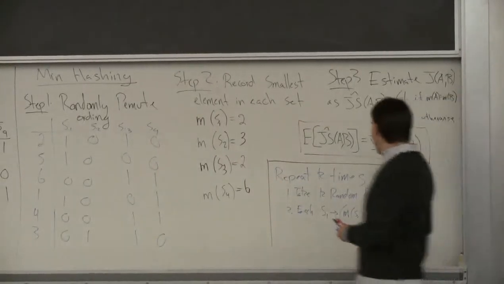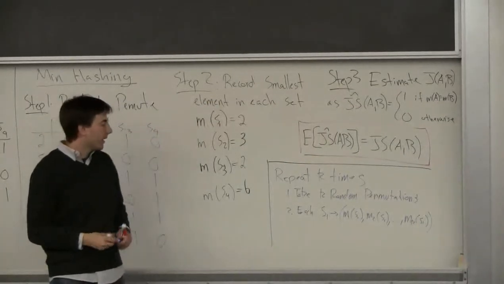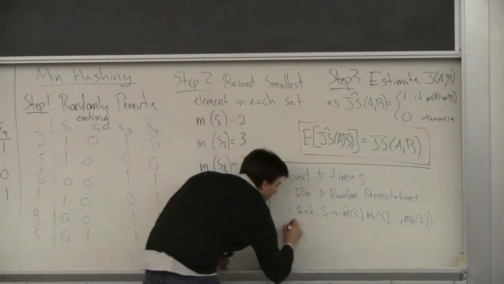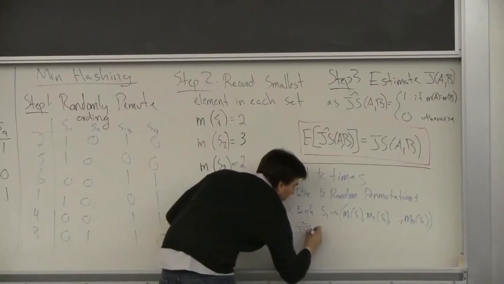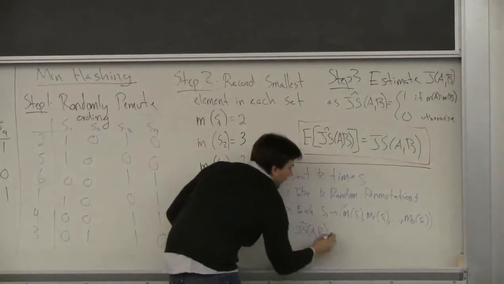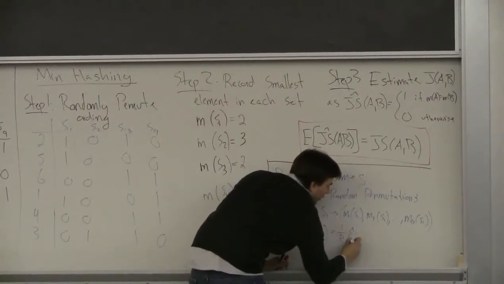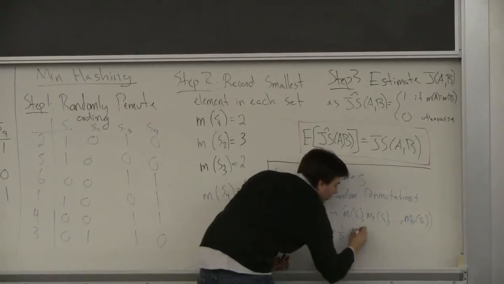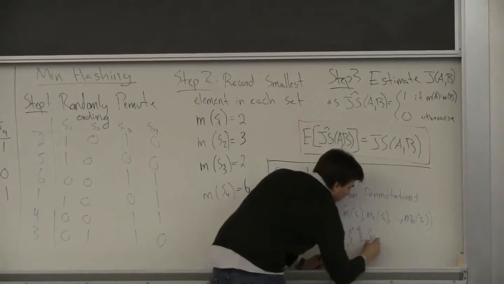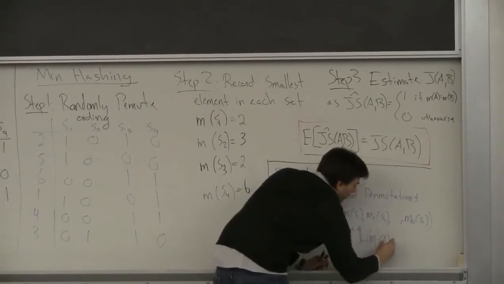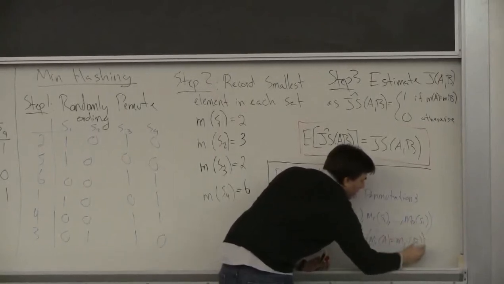And so then if I want to compare two of these sets with each other, I'm going to estimate the Jaccard similarity of, say, A and B, by 1 over k times the sum of indicator functions.